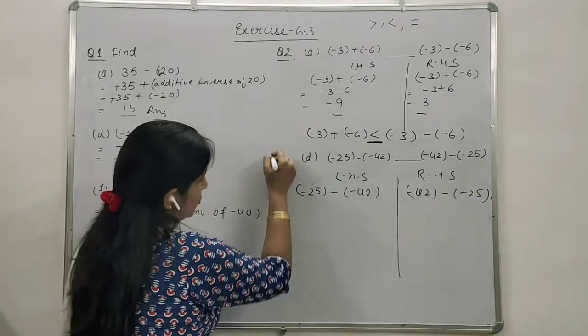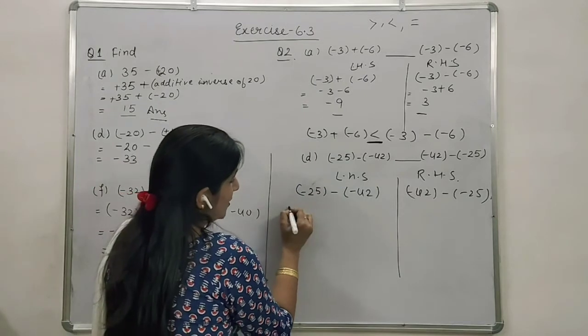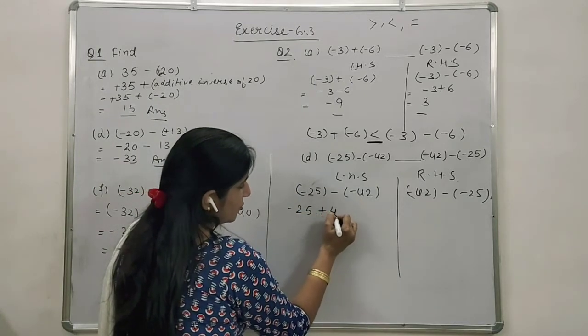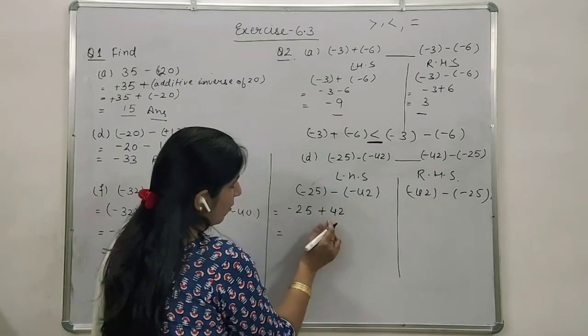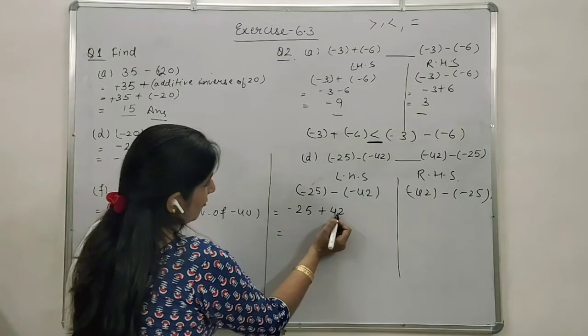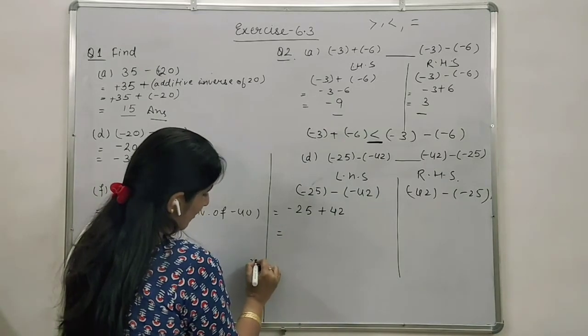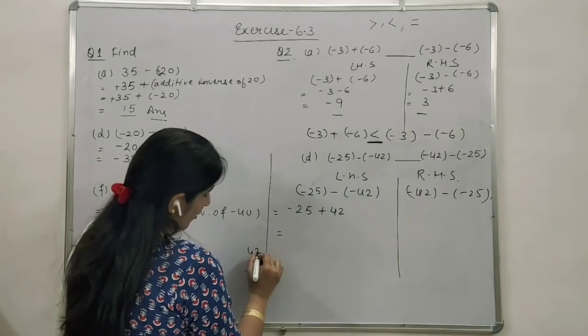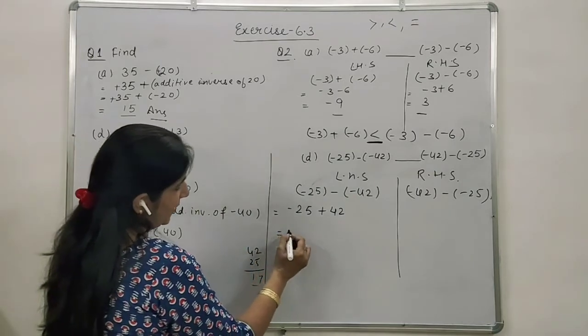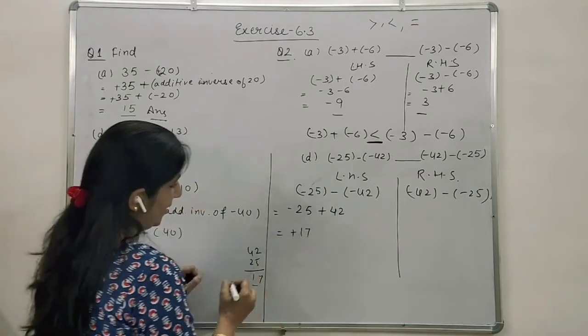Now they have become two questions. Now solve them. Just minus 25, again negative times negative is positive, so 42. And now what will we get here? The result. So if we subtract 25 from 42, what will we get? Okay, so that we can do it, 17, plus 17.